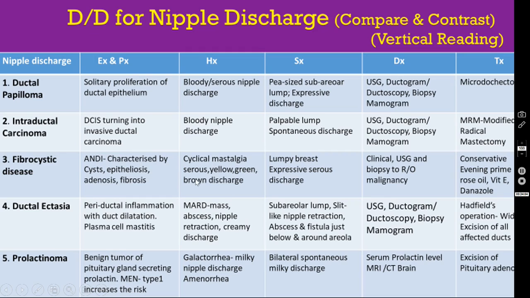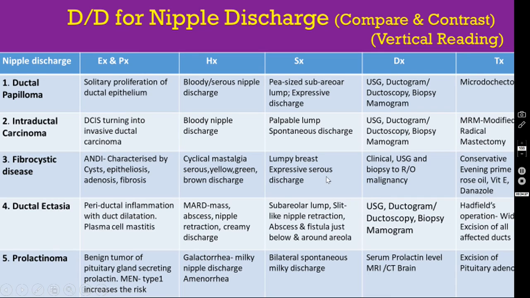The discharge could be serous, it could be yellow, green, brown discharge, but it is sticky in nature. And what are the signs? If you palpate the breast, you will have that characteristic lumpy breast. And you have to press the breast to express the serous discharge.